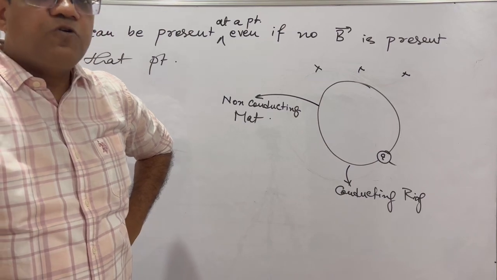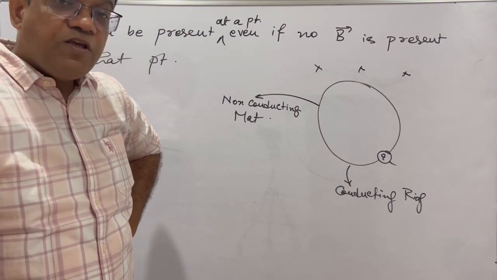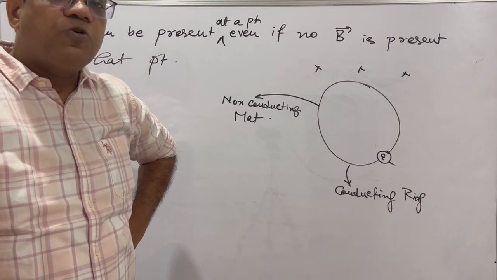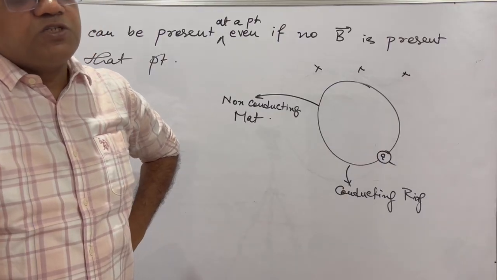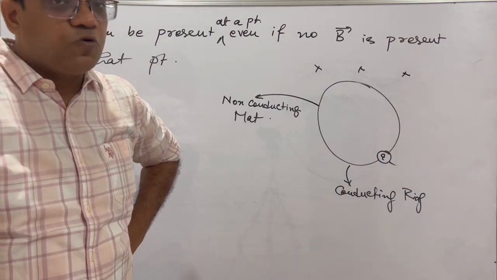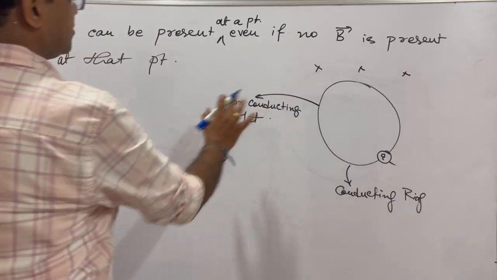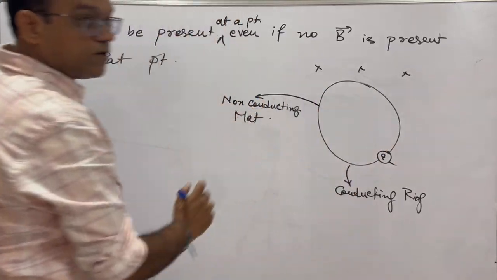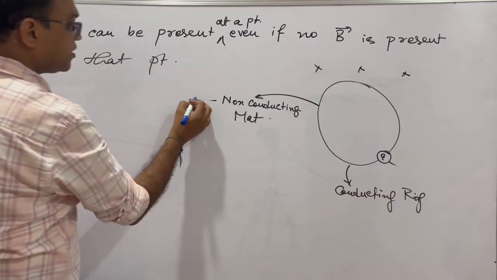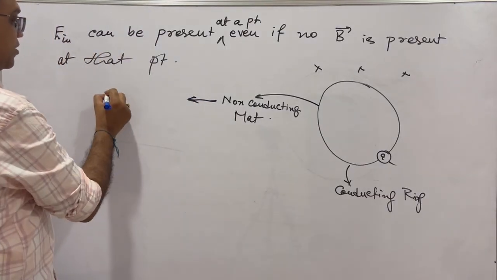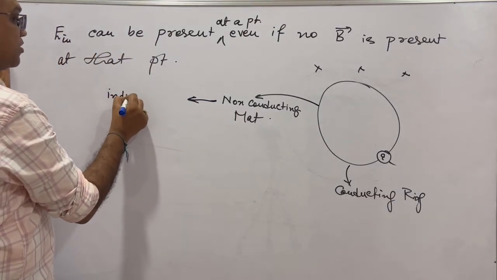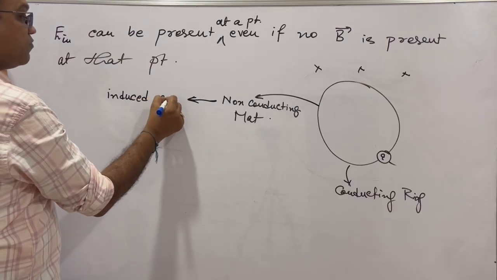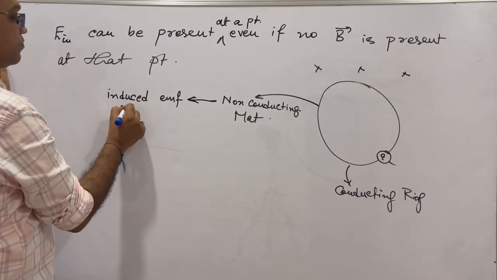Will the current flow? If it were the case of motional EMF, then no EMF, no current. But here, in this case, if it is non-conducting, induced EMF will develop.